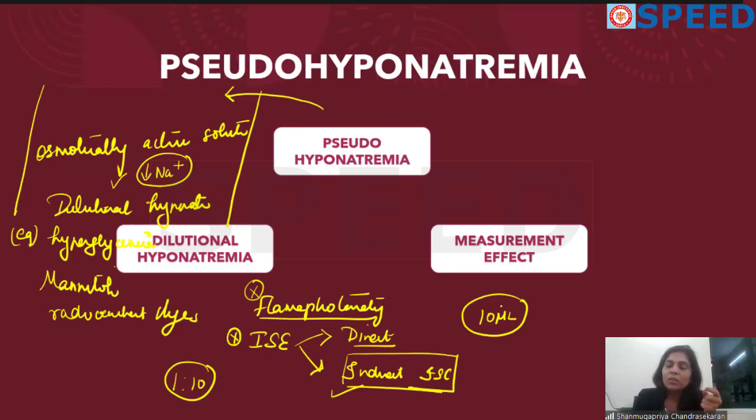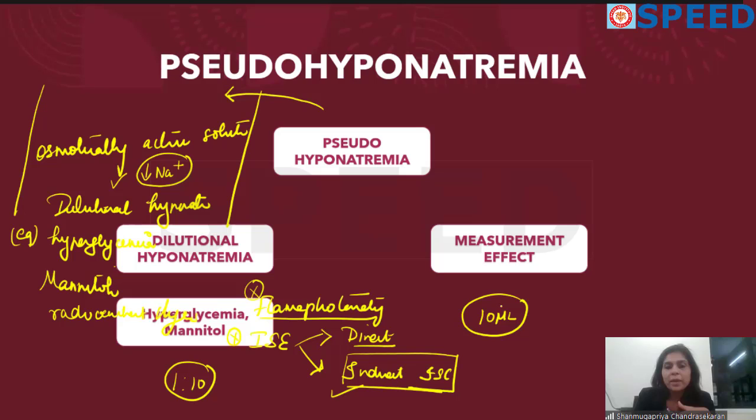So when you're diluting, you think you have diluted it 1:10, but you have diluted it more because the major solid component has occupied the volume. So there is over dilution, because of which there will be a false low value. What are the causes of pseudo hyponatremia? One is hyperglycemia and mannitol infusion, which is dilutional hyponatremia.